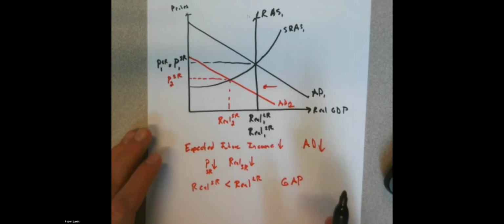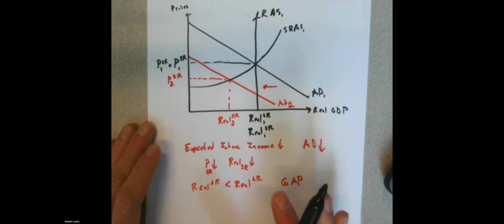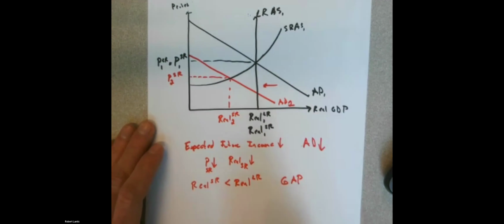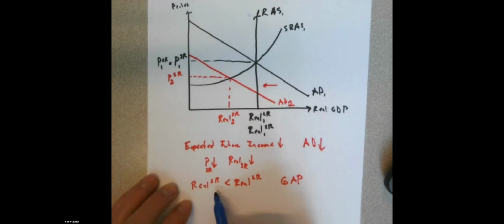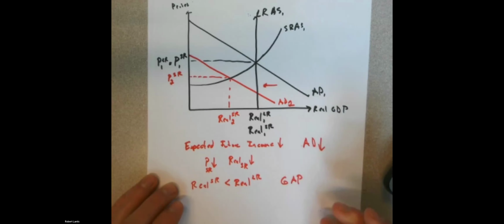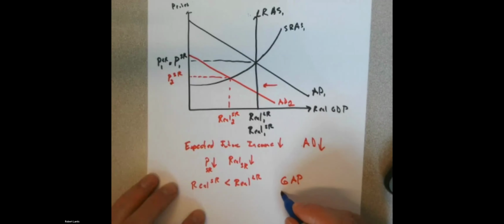I think it helps with this one, as opposed to inflationary gap. It's maybe easier to remember in this example. So when I have an aggregate demand decrease, if my real GDP is lower than where I know GDP is going to get to in the long run, this gap is being caused because output is too low. And we will sometimes call this a recessionary gap.